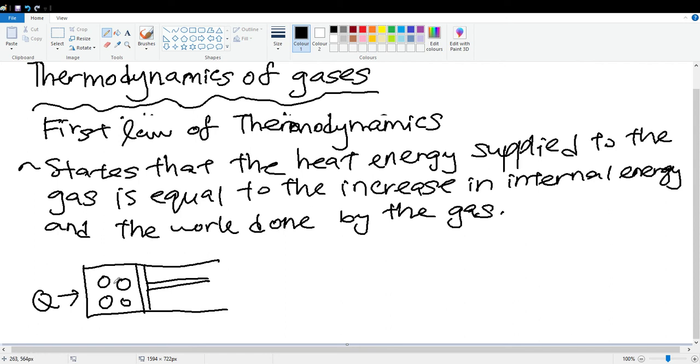Since the gas gains kinetic energy, it will collide with the wall, the same story as the previous parts.